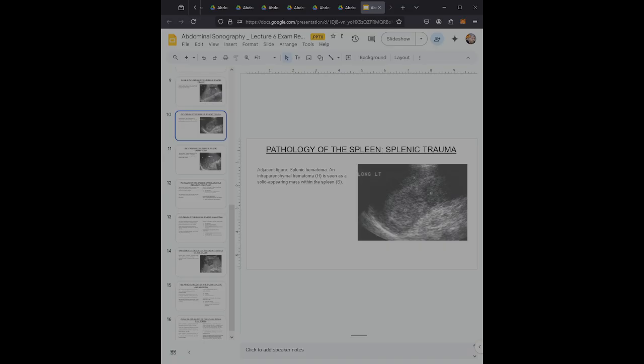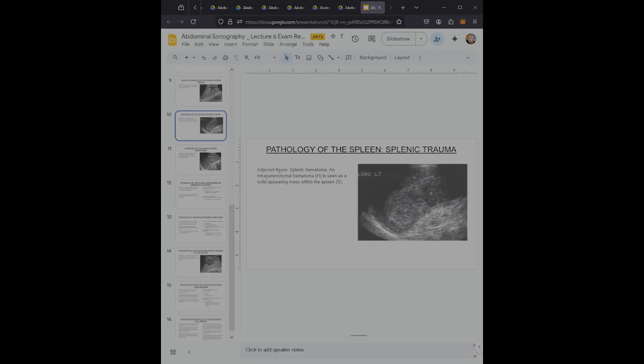The evolution of splenic hematomas as the blood undergoes lysis may change from complex to hypoechoic early in the event, to echogenic or isoechoic, and then back to hypoechoic or anechoic as the hematoma resolves.